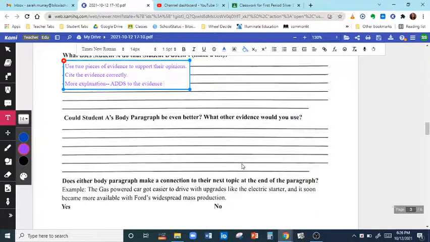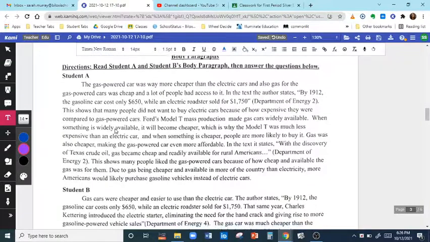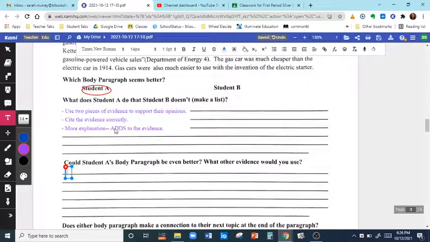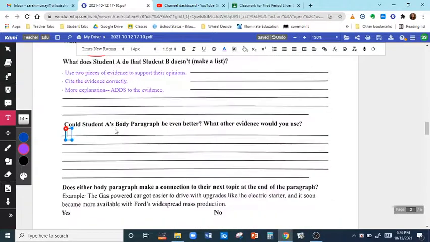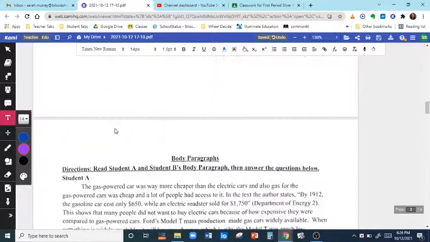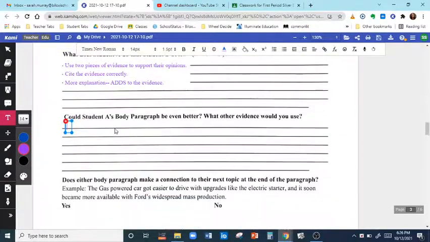All right. So, could student A's body paragraph be even better? What other evidence would you use? It's kind of up to your opinion. Any body paragraph can obviously be better, but I think the way we make it better would either be using different evidence or explaining more.